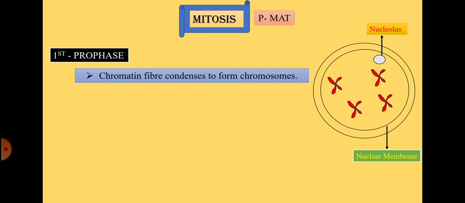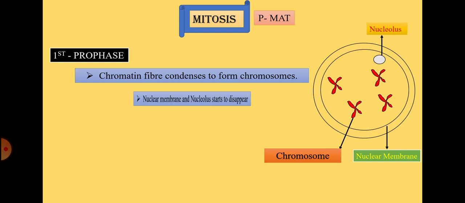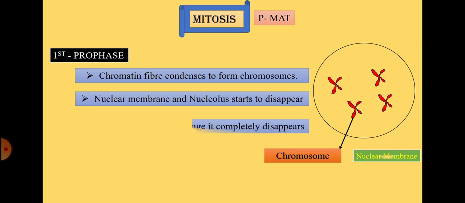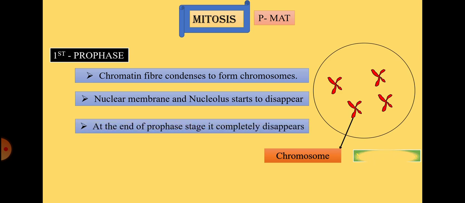When prophase is going on, slowly and steadily the nucleolus and the nuclear membrane start to disappear. When they completely disappear, the prophase stage is completed.